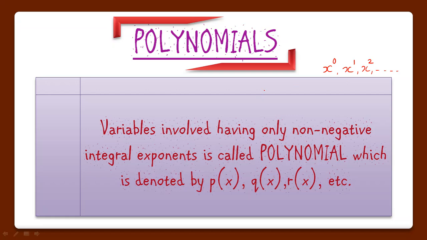When our polynomial is in terms of x, we can write it like this: x square plus 2 or any other. If it is in terms of y, it will be like this: y cube plus 2y minus 3. So they are denoted like this.